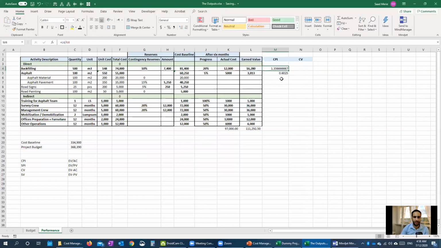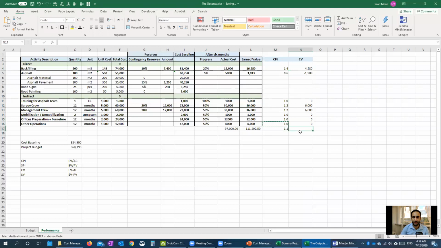Let's round that number up to this level and copy it to all. So here we have some cases where the CPI is more than 1, and some cases where the CPI is less than 1. Then the CV is earned value minus actual cost, and again it is sometimes higher than 1, sometimes lower than 1.